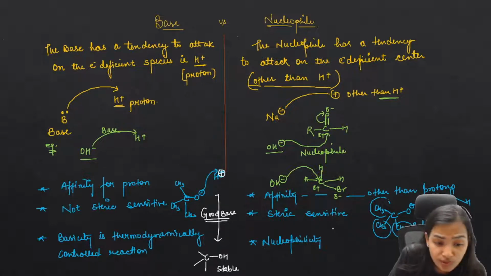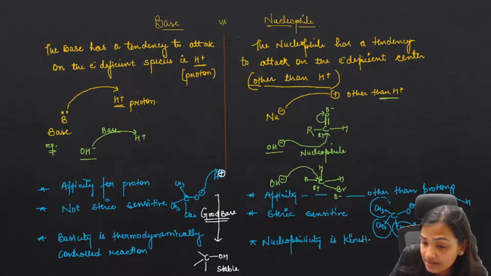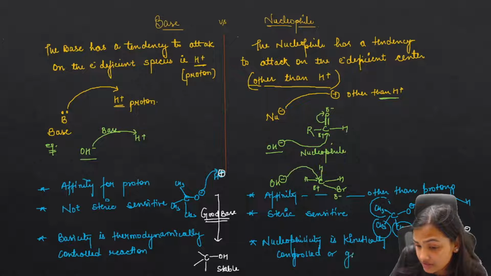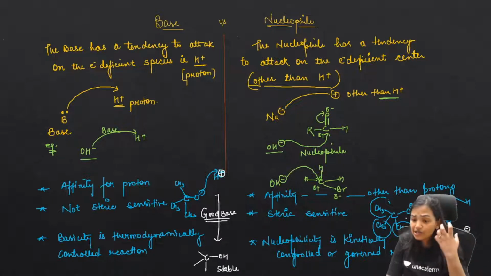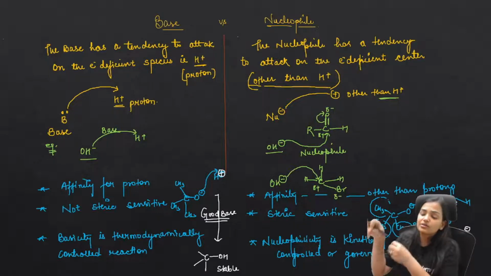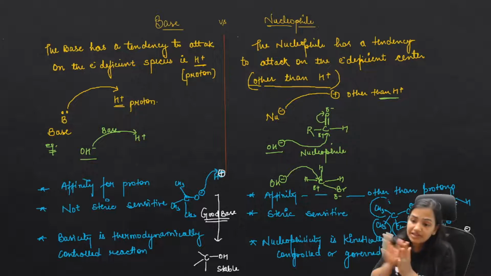Nucleophilicity is the kinetically controlled or governed reaction. So guys, if kinetics is not allowing this particular species to attack over the carbonyl carbon, will the reaction occur?